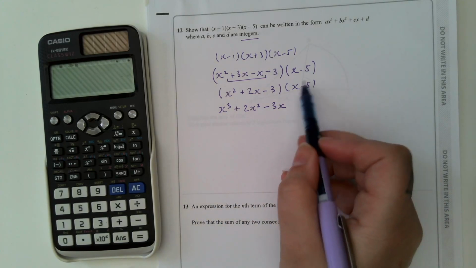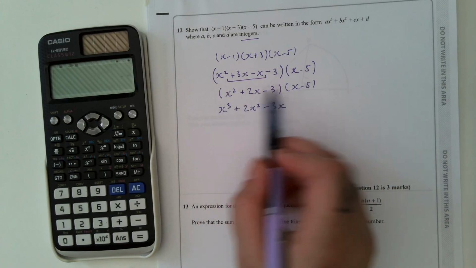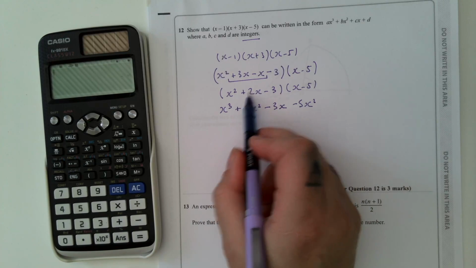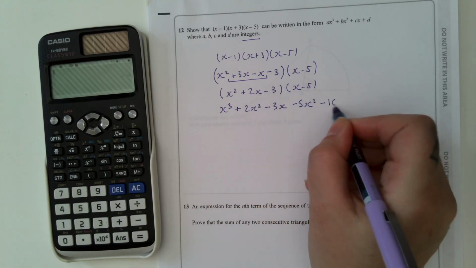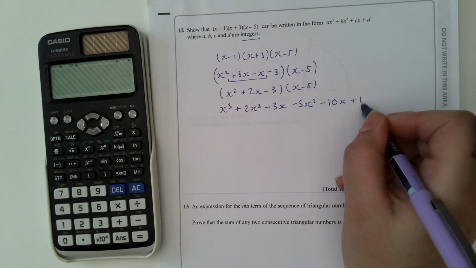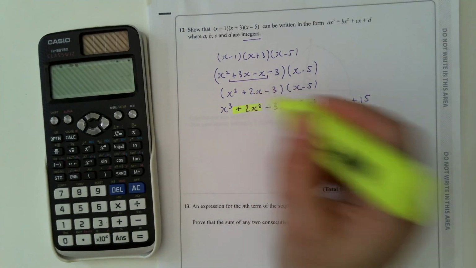Now I'm going to multiply all three terms by negative 5. So x squared times negative 5 is negative 5x squared. 2x times negative 5 is negative 10x. And negative 3 times negative 5 is positive 15. Now we're going to collect like terms again. So I'm going to deal with my squared terms.